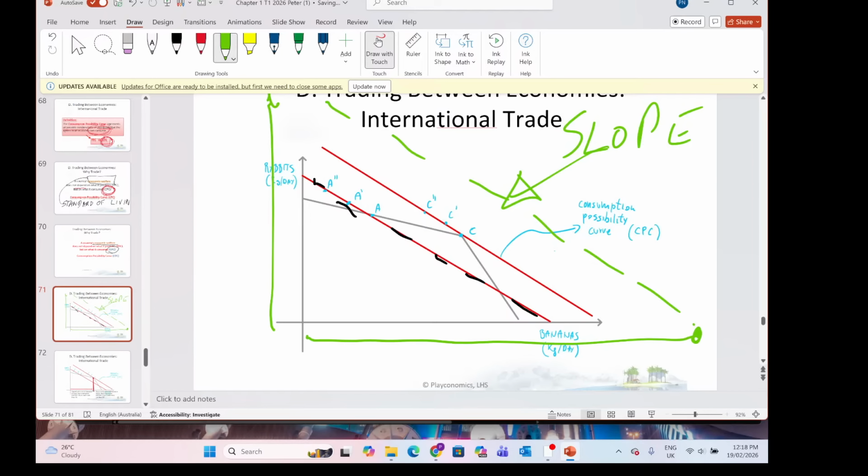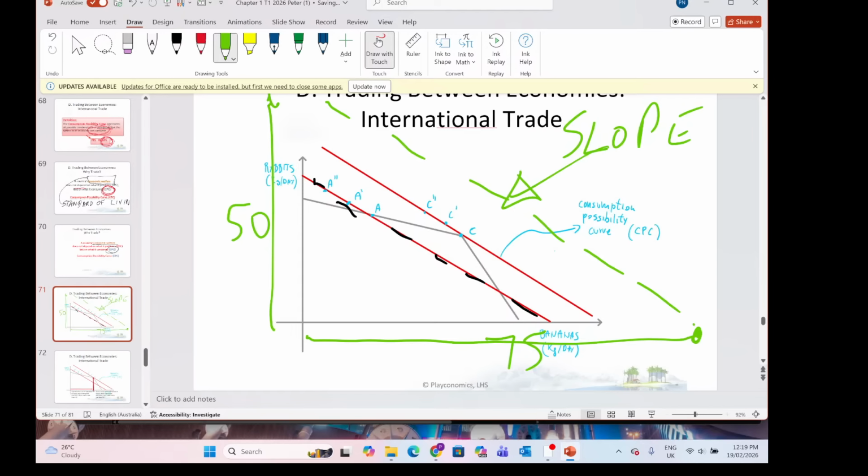So maybe we've got 75 bananas trade for 50 rabbits. So one rabbit equals 1.5 bananas, right? So let's imagine that is the world trading price. And it wouldn't matter whether we draw it in the green line or the red line, the numbers would be different, but the ratio would be exactly the same.